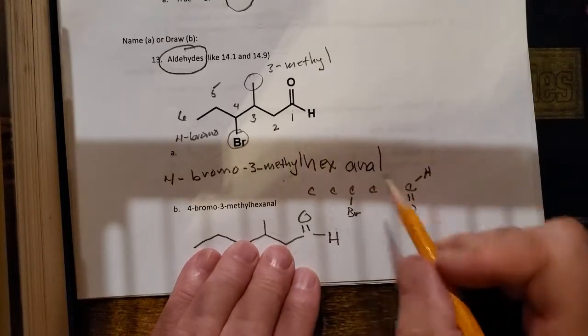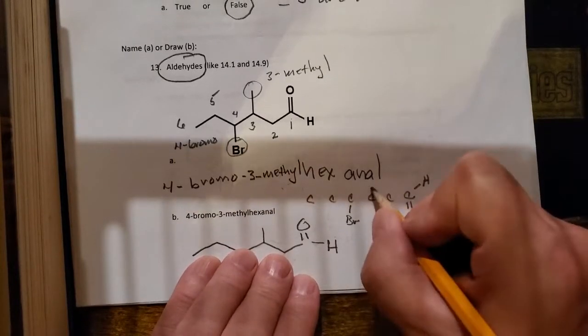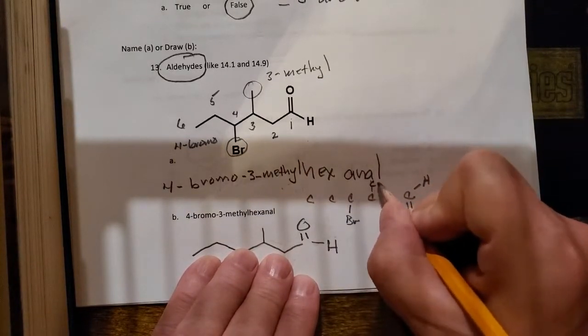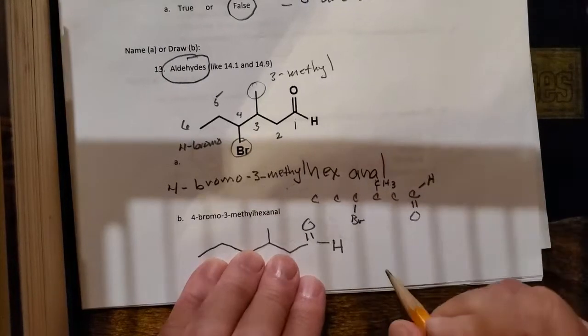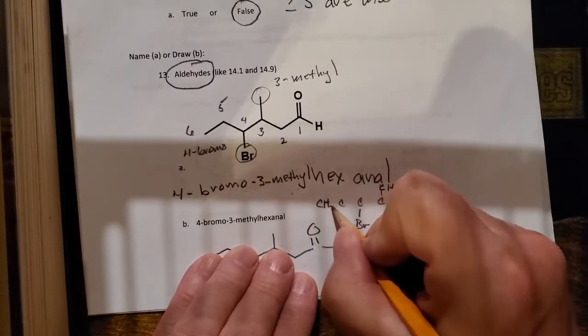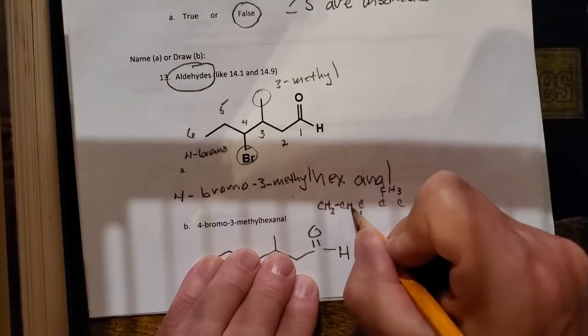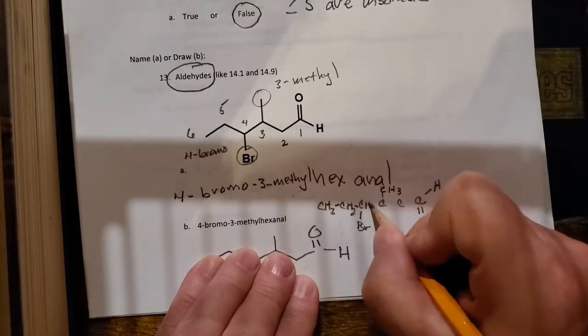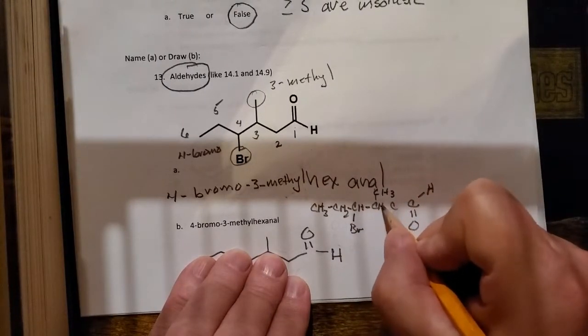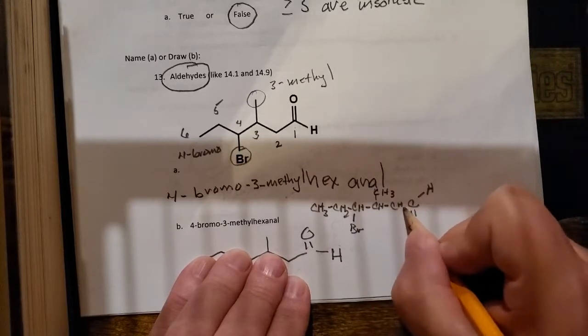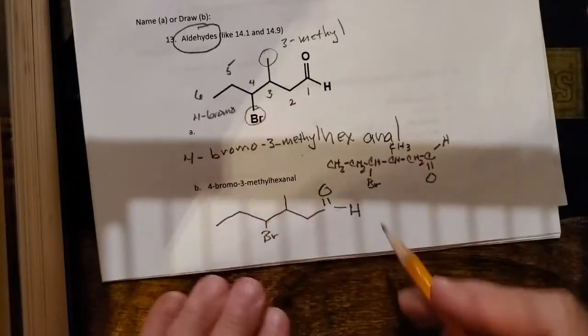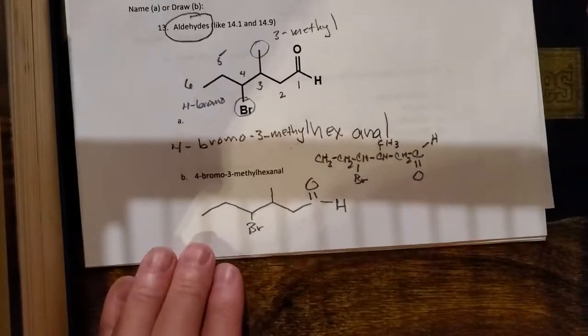And it's going to have a 3-methyl. 1, 2, 3. And everything else you fill in with hydrogens. 4 bonds to carbon. There you go. These two guys are the same.